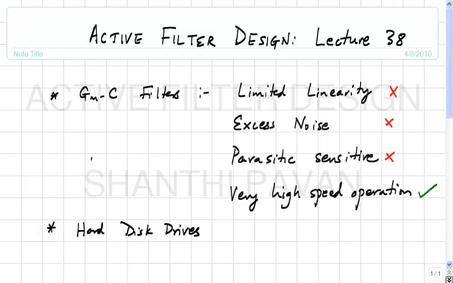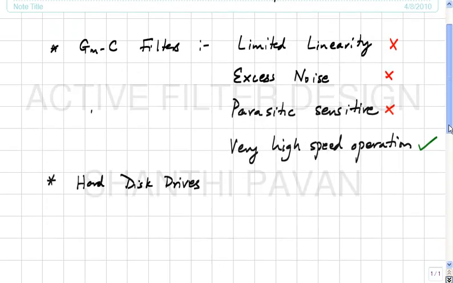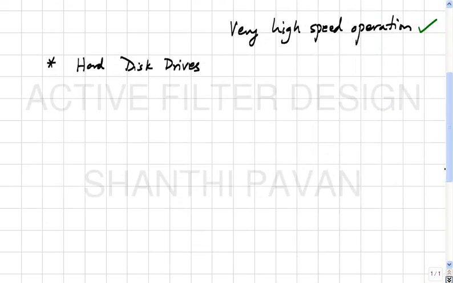So in many other applications, speeds like this are not necessary, and a good example being, say, wireless LAN. The data rate in wireless LAN, depending on which variant you are using, is several megabits per second, right.